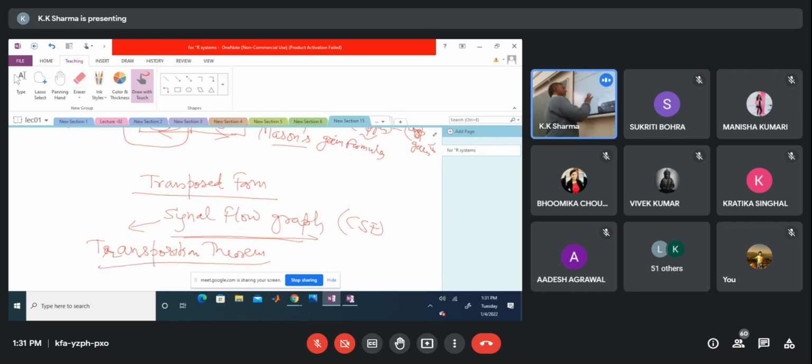What is this theorem saying for signal flow graphs?